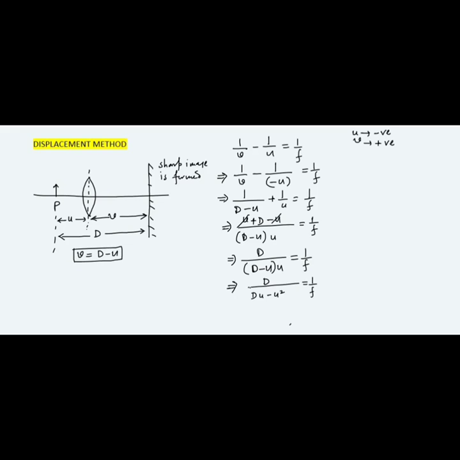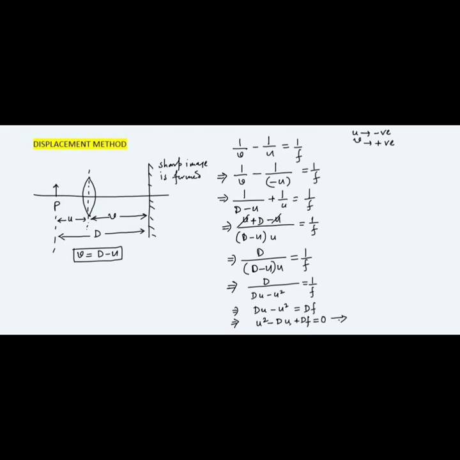Clear? So this gives us Du minus u square is equal to Df. What can I write here? It gives us a quadratic equation: u square minus Du plus Df is equal to 0.